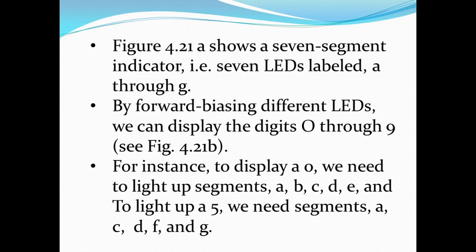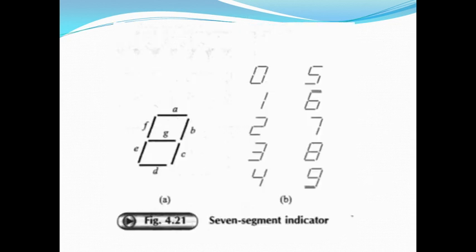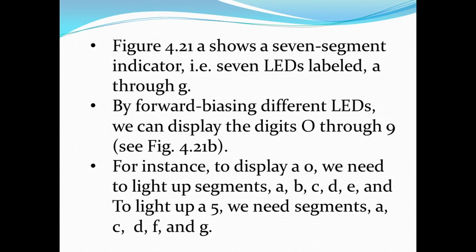Figure 4.21 shows a 7-segment indicator, with 7 LEDs labeled A through G. By forward biasing different LEDs, we can display the digits 0 to 9. See figure 4.21b.